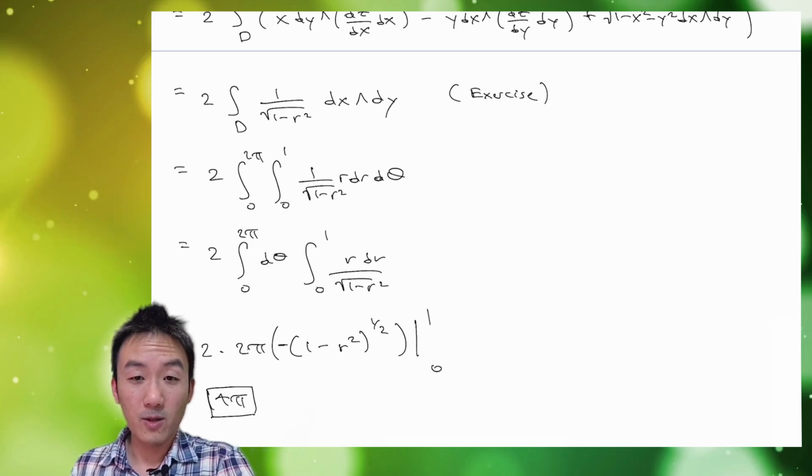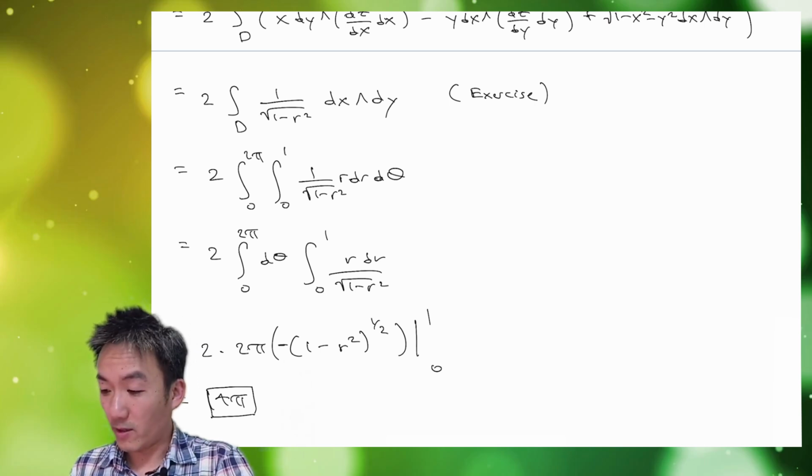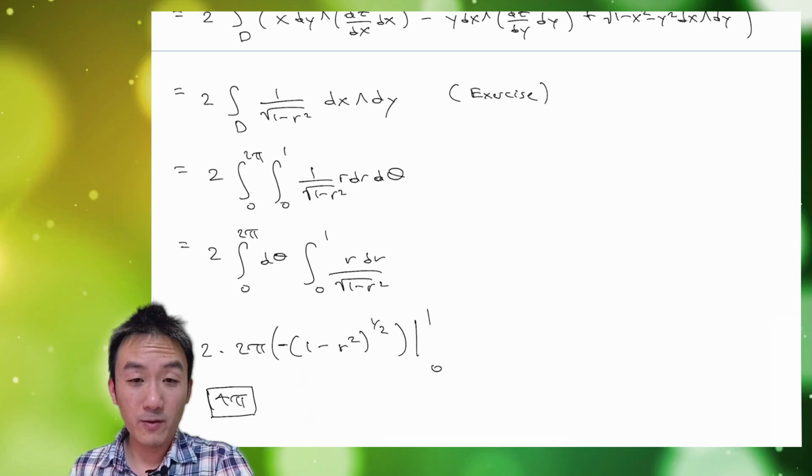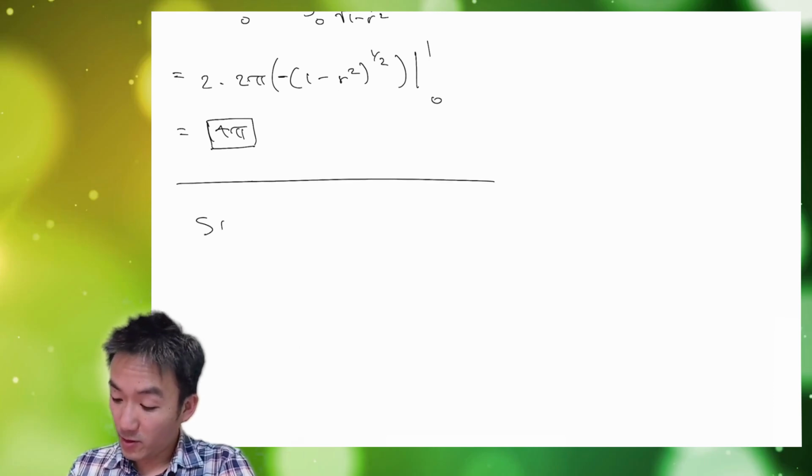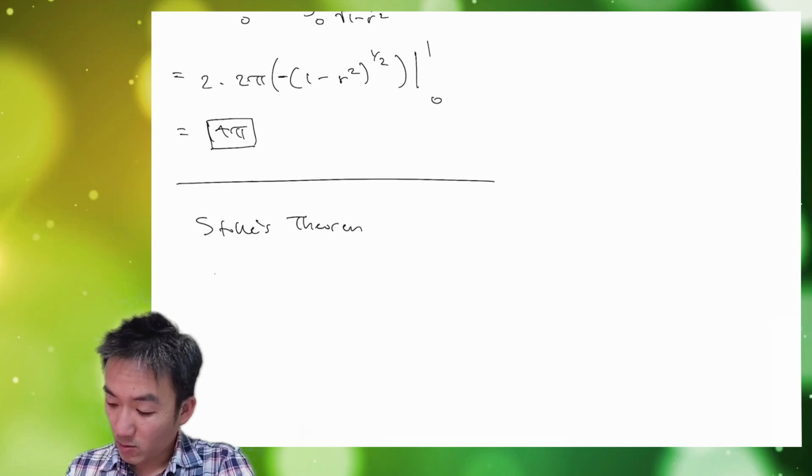And so next time, we'll go a little bit deeper. We'll cover what's called the exterior derivative, so we can talk about Stokes' theorem. And we need Stokes' theorem. Why?